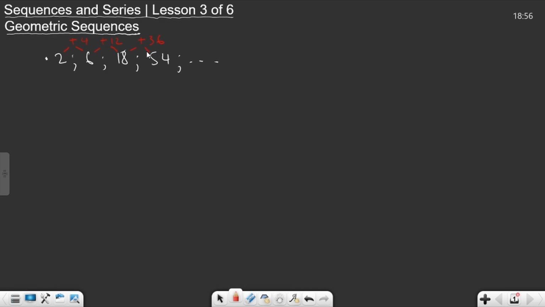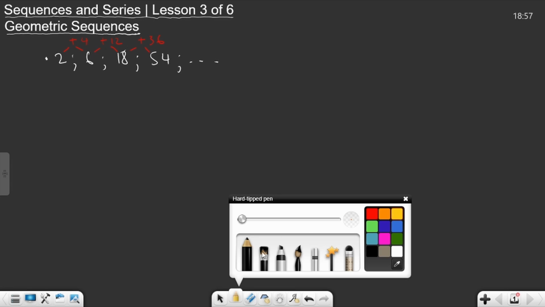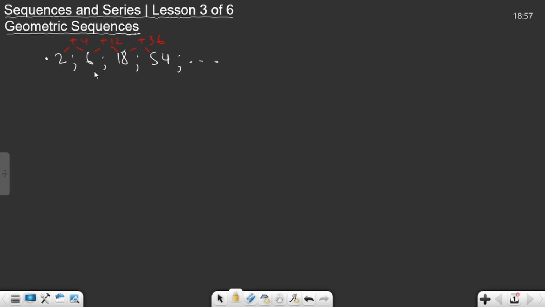Unlike in our previous lesson where we saw arithmetic sequences, there was a common difference and it wasn't changing like in this case. So this sequence can't be an arithmetic sequence. What is it? Let's see. If we check, there is something else happening here. From 2 to 6, there is actually multiplication by 3.